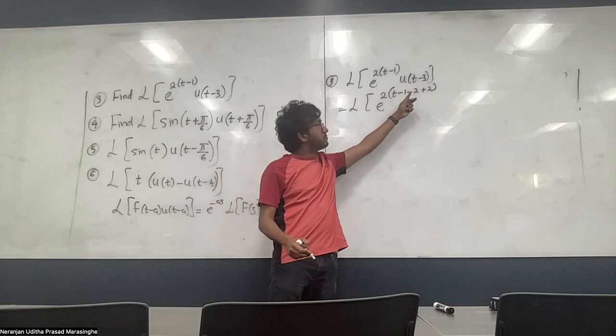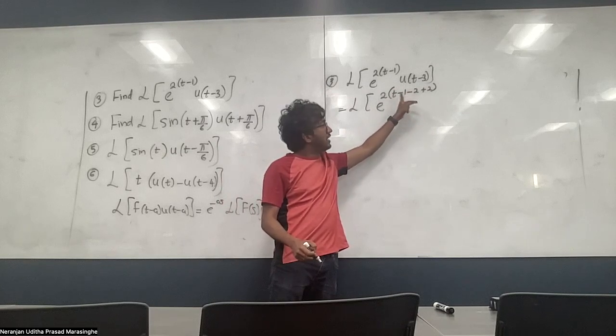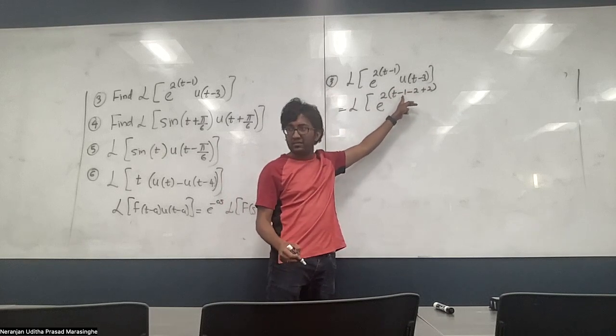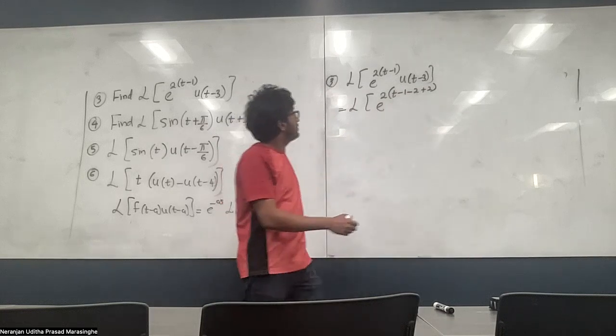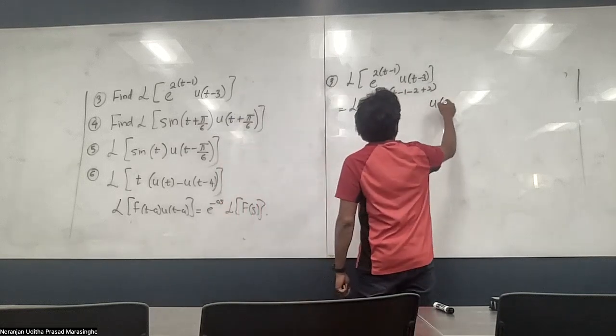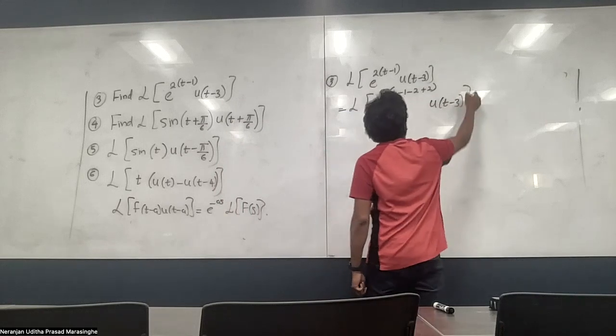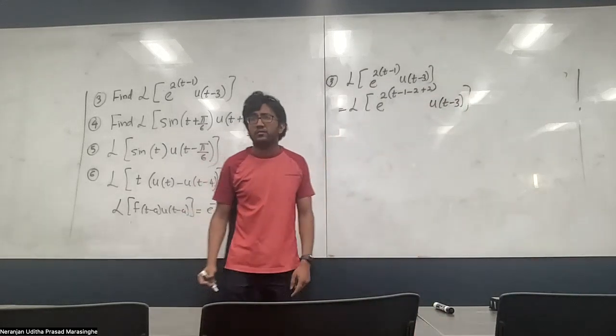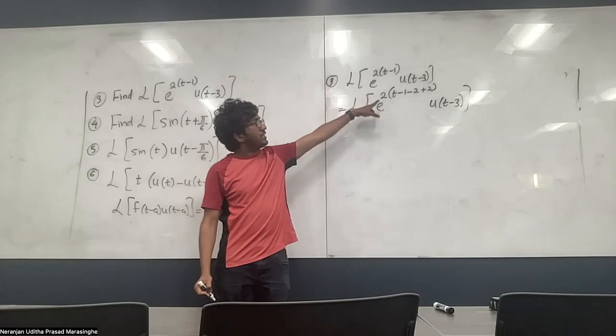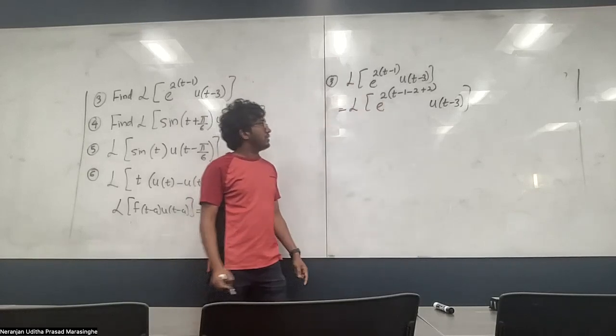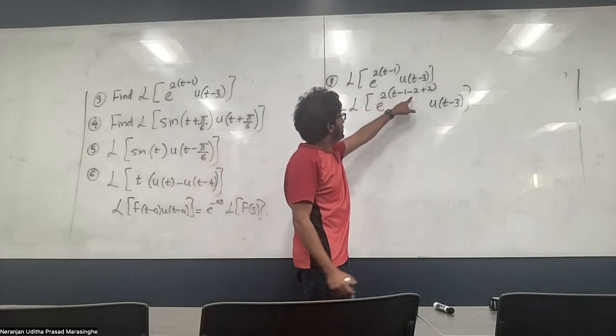Still I am having t minus 1, right? Times u(t minus 3). Is that step clear? I rewrote this t minus 1 in this form. Now I would combine these two terms.